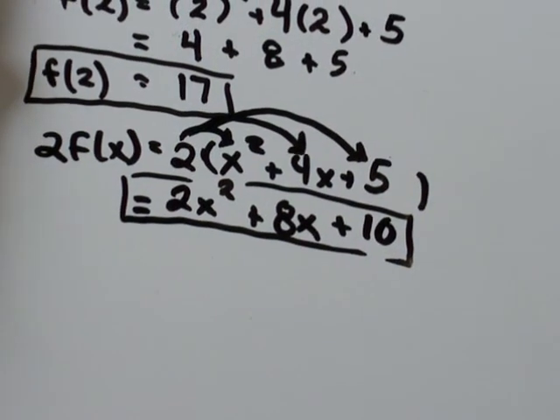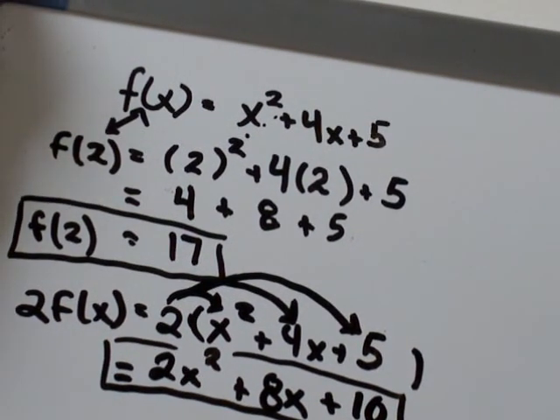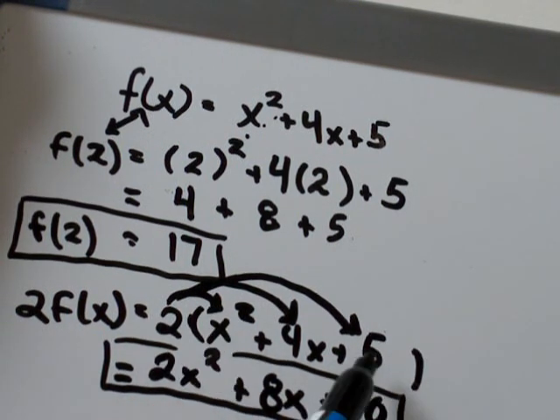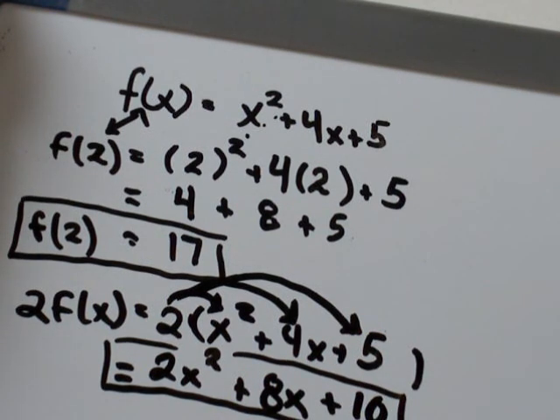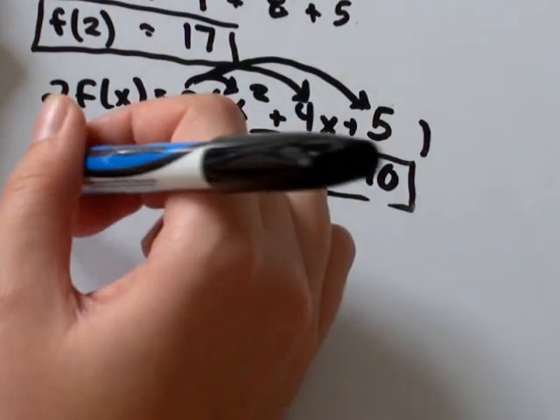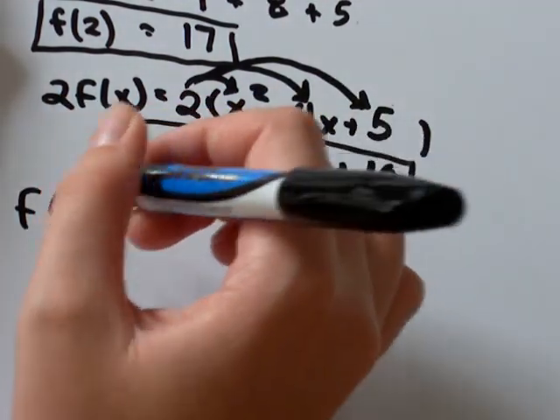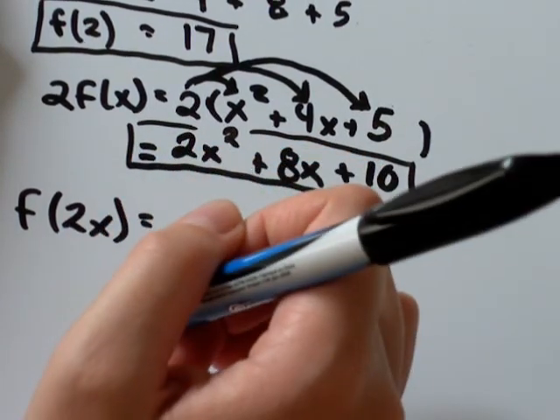So I think that one's probably even easier than the first one, because really you only have to do one thing, and if you wanted to leave your answer here, 2 times in brackets our quadratic, it's not wrong, it's just not simplified. So what if instead of either of those cases, now let's make it a little more difficult on ourselves. In our brackets we're going to have 2x.